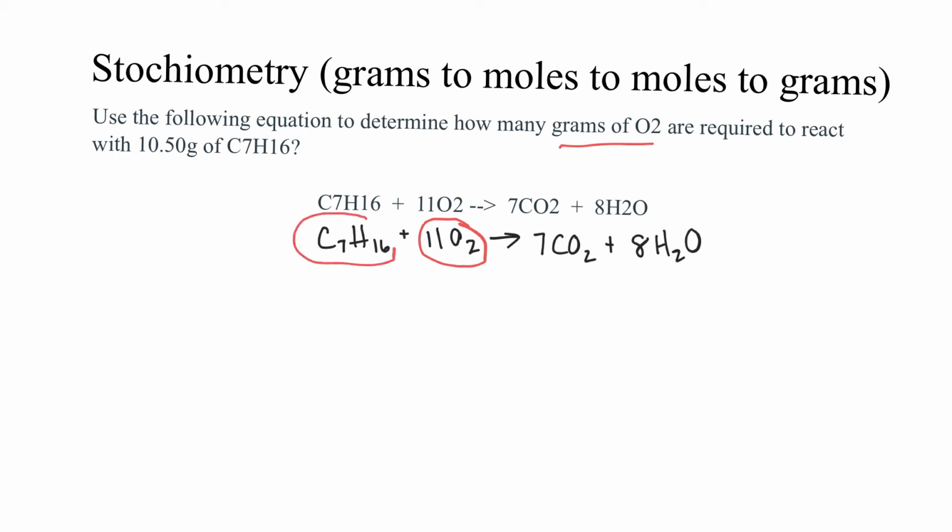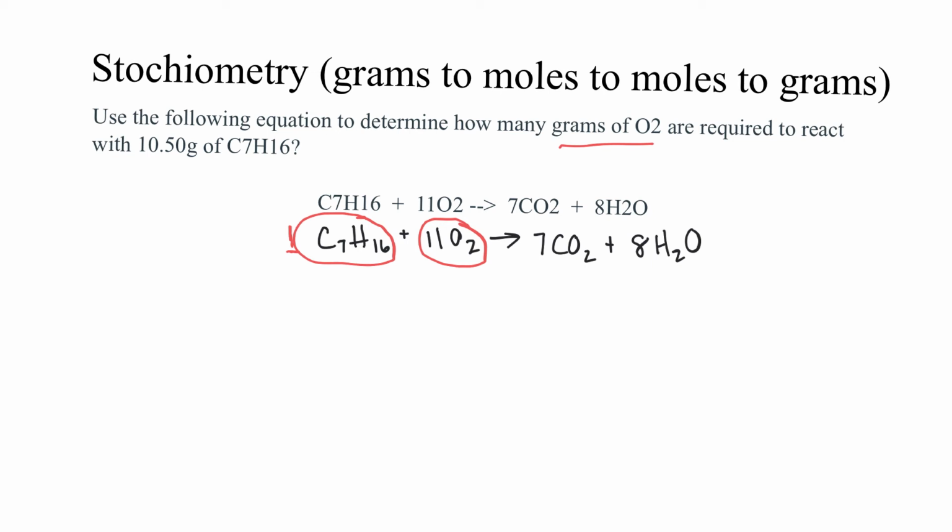So these are the two we're looking at. And we can see that the molar ratio is 1 mole of C7H16 to 11 moles of O2, right? So we just need to remember to look at those ratios. And we always assume 1 here since there's no coefficient.